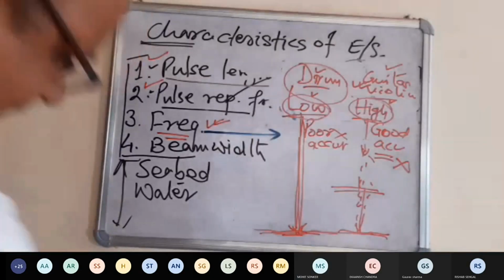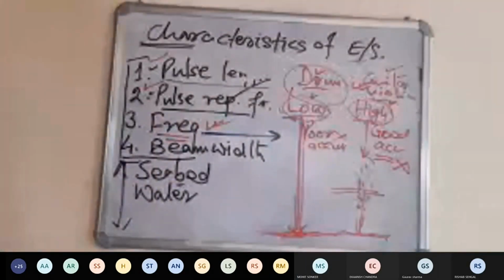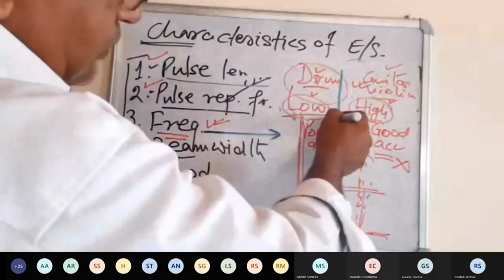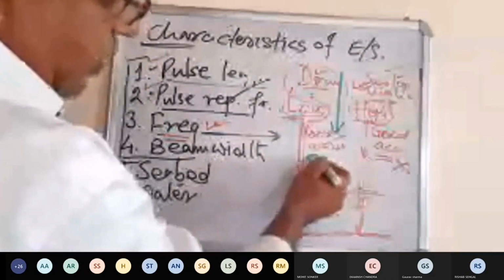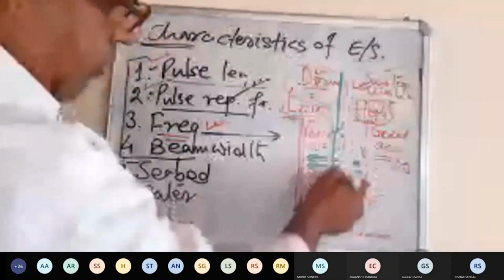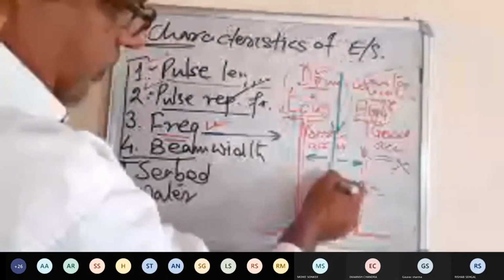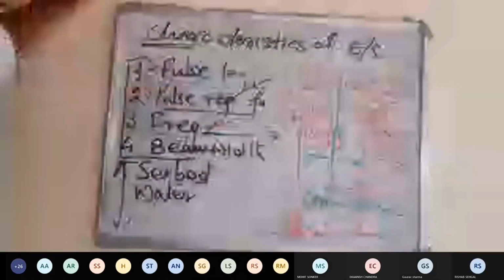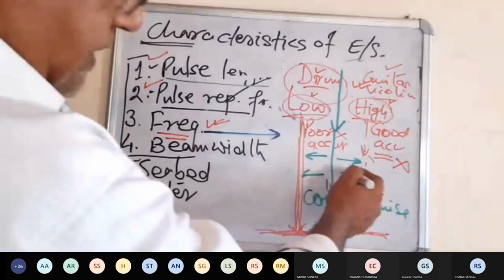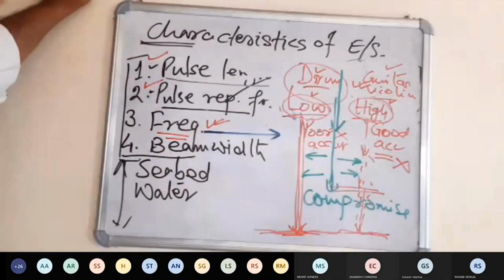But if there is a moderate kind of echo sounder, not an expensive one, then we have to have a choice between the two. इधर का कुछ प्रॉपर्टी मिल जाए, इधर का कुछ प्रॉपर्टी मिल जाए, so there will be a compromise between the two. Not very low, not very high, in between.